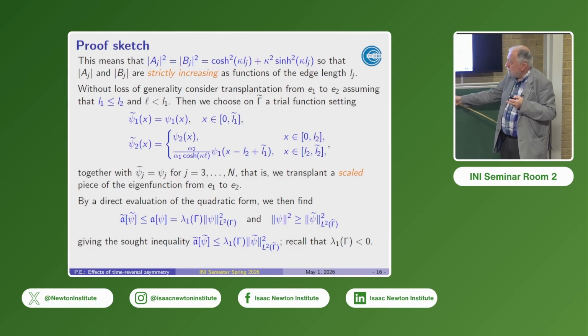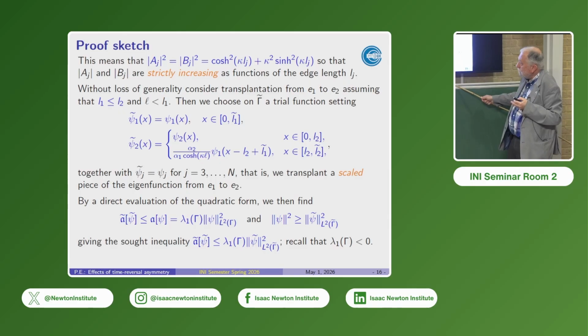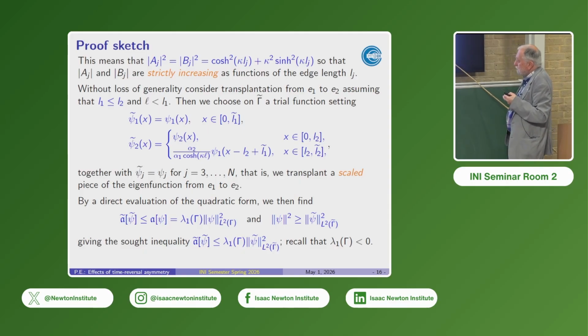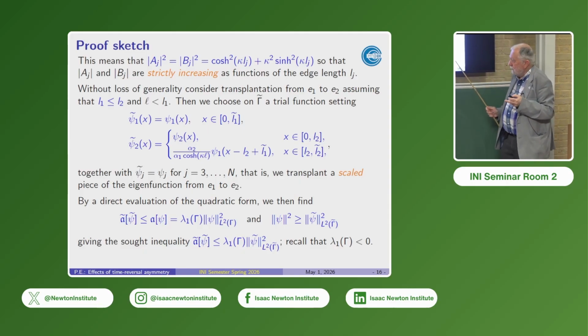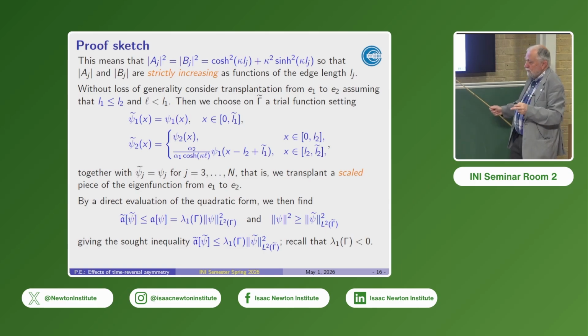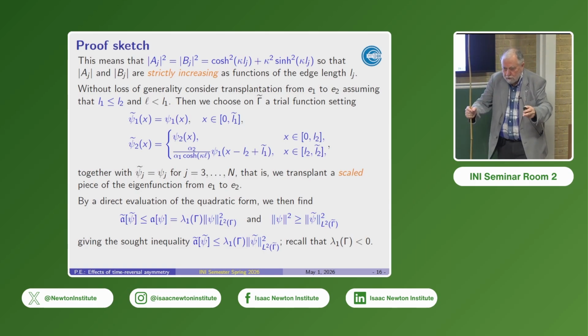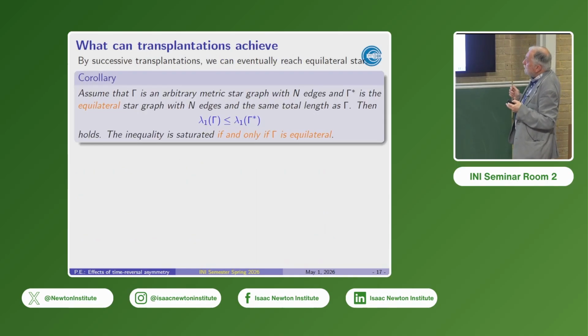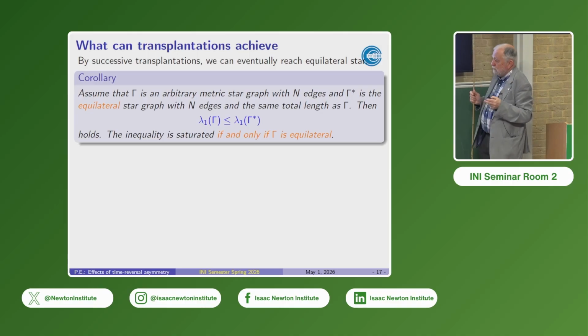The one after the transplantation satisfies this inequality here, where this is the eigenvalue, the ground state without the transplantation. And for the norms, I have this relation here. Since I know that the ground state is negative, it gives what is needed: the transplantation pushes the ground state down.